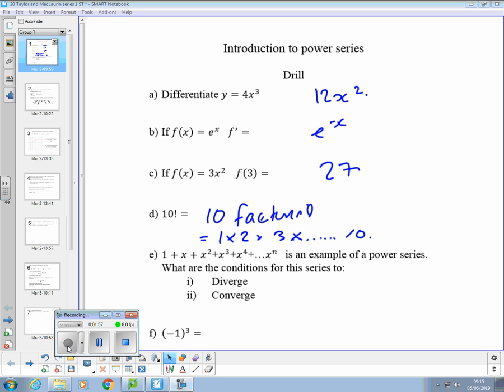And what happens in the power is you end up with 1 times 2, 3 times 4, and then that's easier.